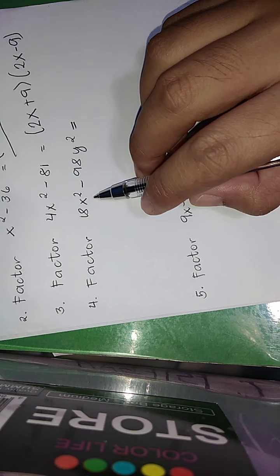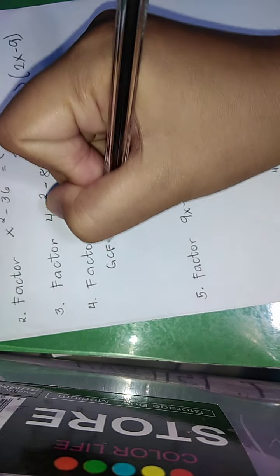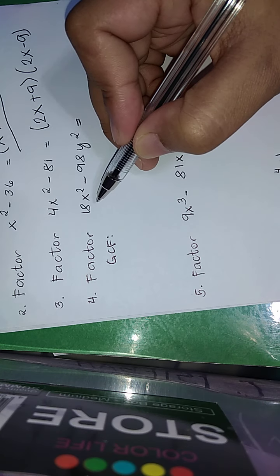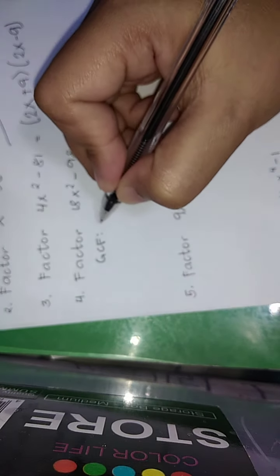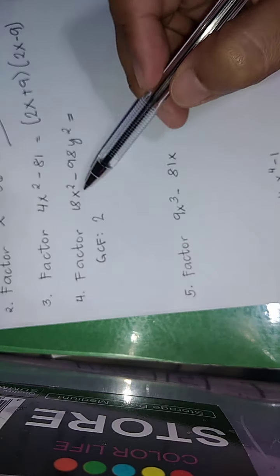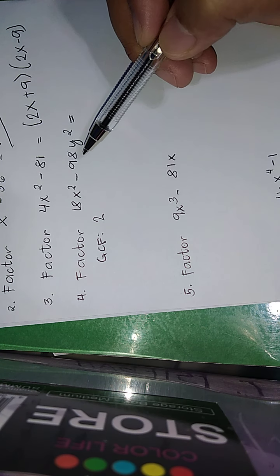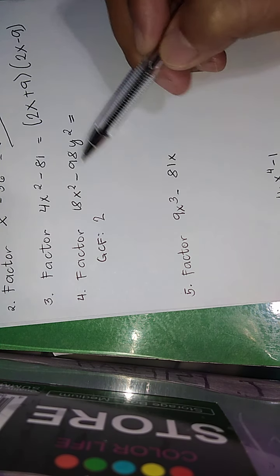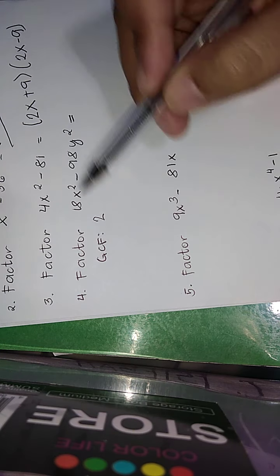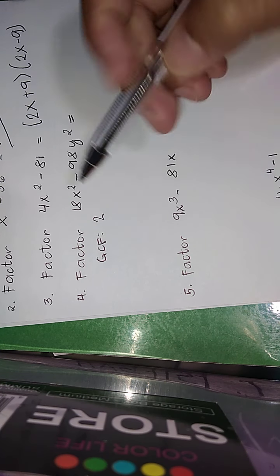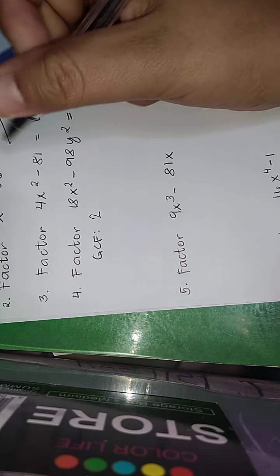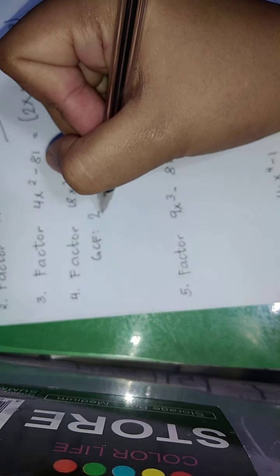Kasi ito ay factorable using the GCF. So, ang GCF dito sa number 4, ang greatest common factor of 18 and 98 is 2. Ibig sabihin, ang greatest integer that we can divide to both of the two numbers is 2. So, ang ating factors ay 18 divided by 2.